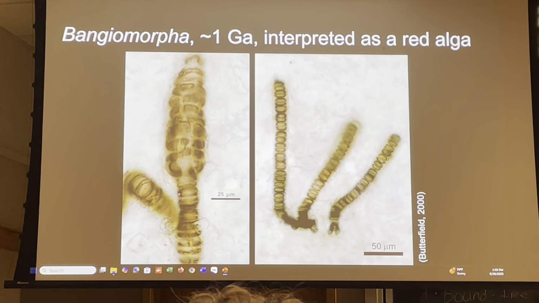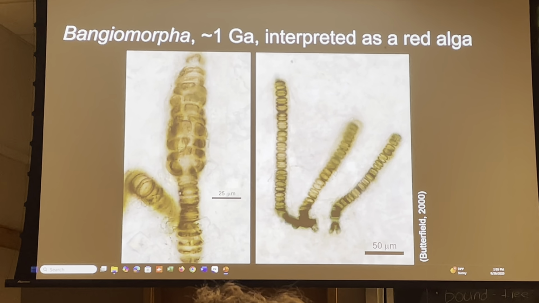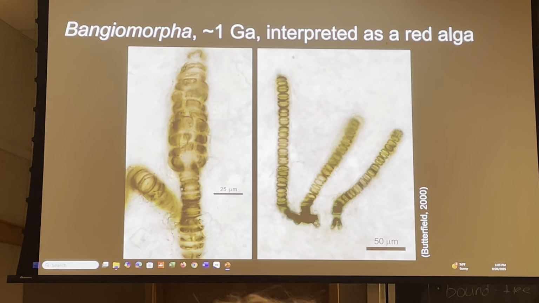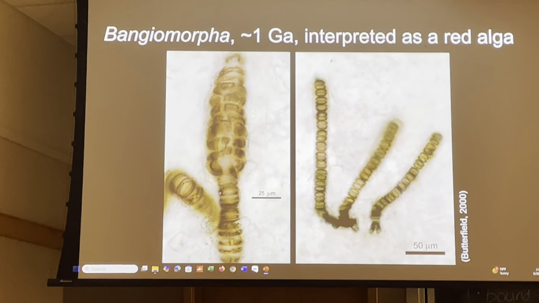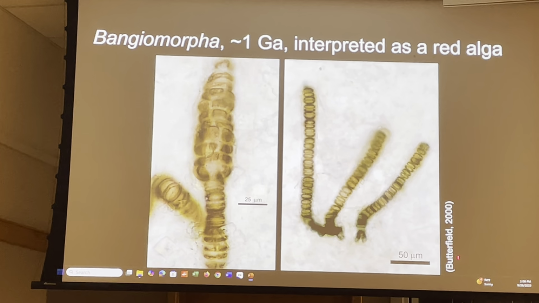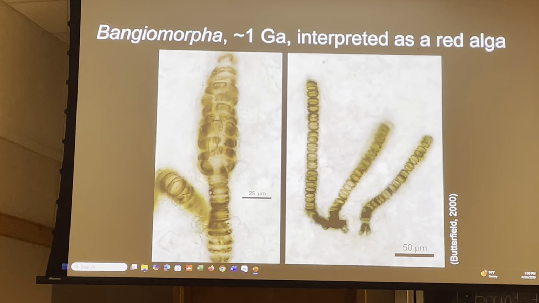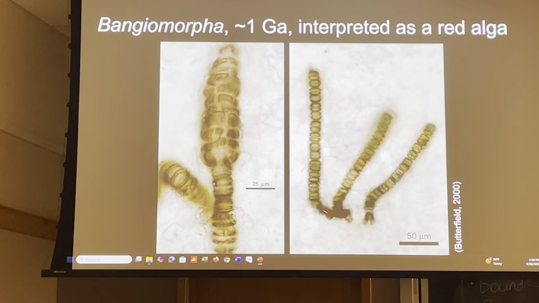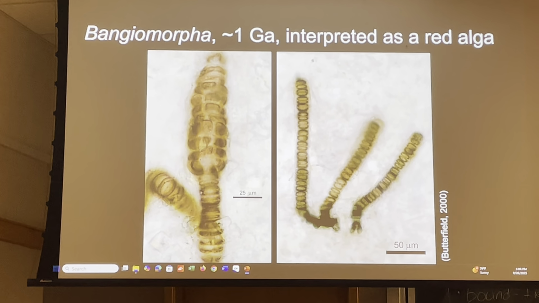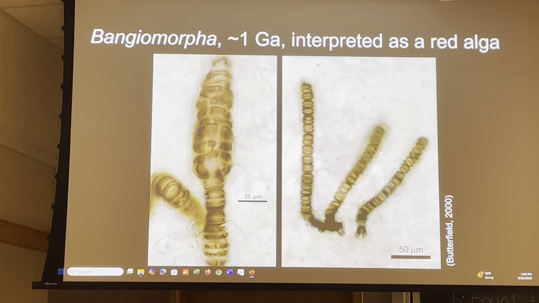So we have the yellow-green, we have the green, we also have red algae going back to 1 billion years ago. This again is a piece of work by Nick Butterfield. More than 25 years ago, he reported those structures from rocks about 1 billion years old from Canada.